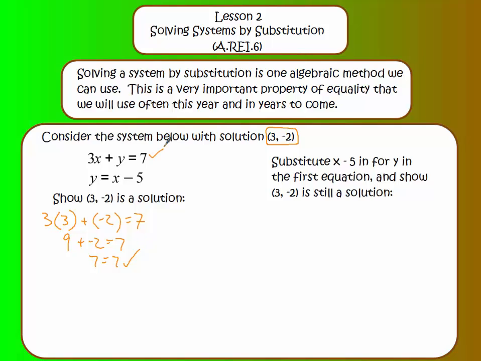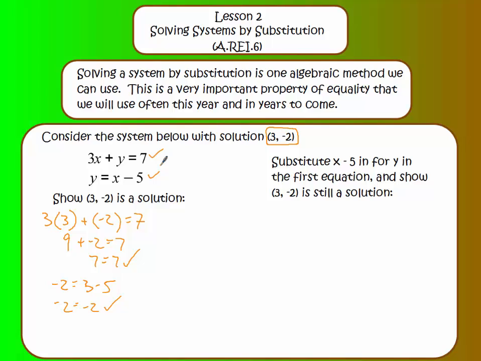So the first one worked. Let's try the second one and make sure I'm putting them in the right spots. So this should say -2 equals 3 minus 5. So -2 equals -2, and that checks. So 3, -2 is a solution to this system.